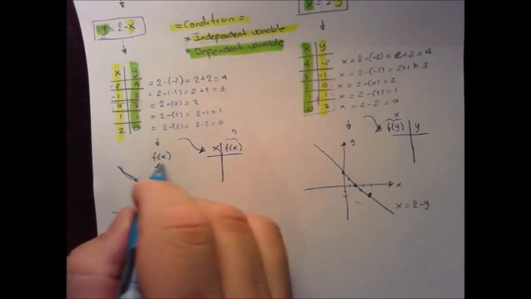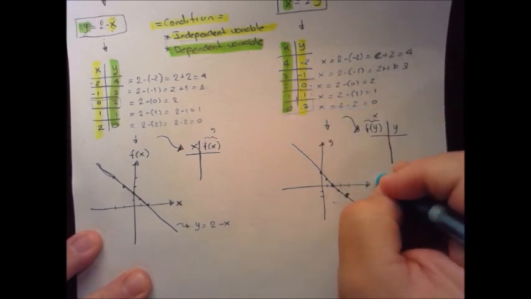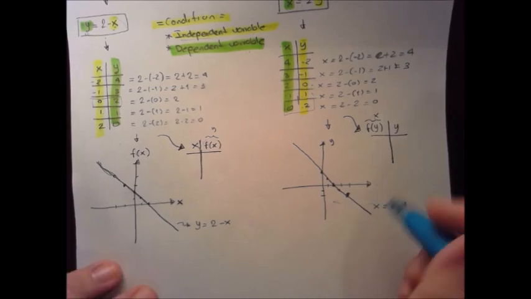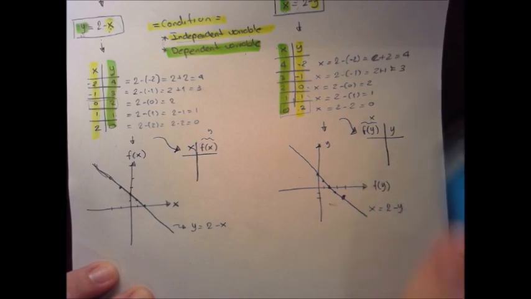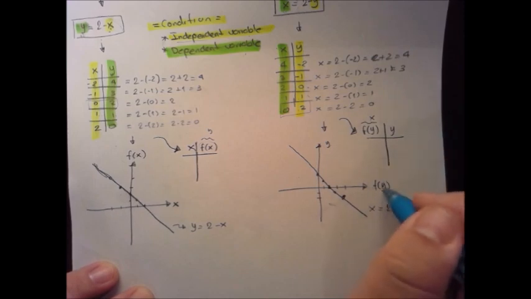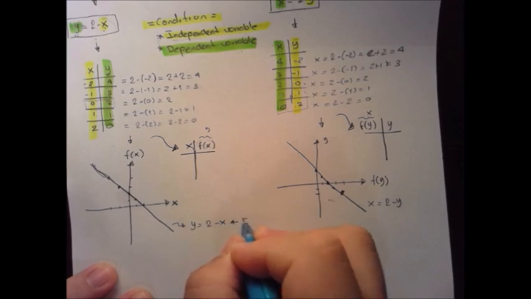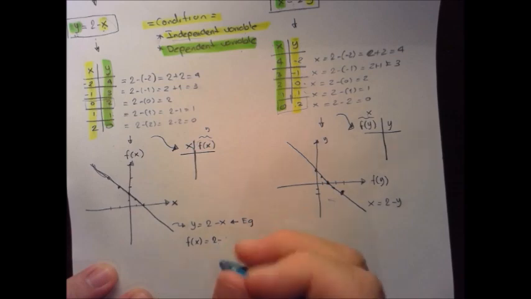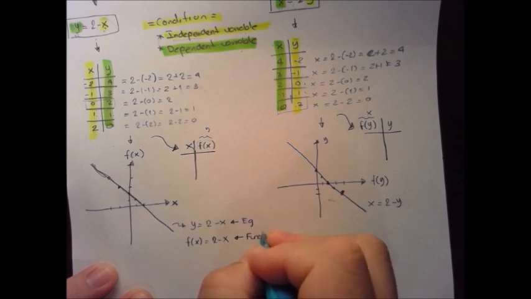It means that y depends of x, and here the right form to express the graph in that way as a function is going to be y and f of y. So it means that all the function depends on y and the x depends on y. Alright, so this is like an equation, and here f of x equal to 2 minus x is going to be like a function.